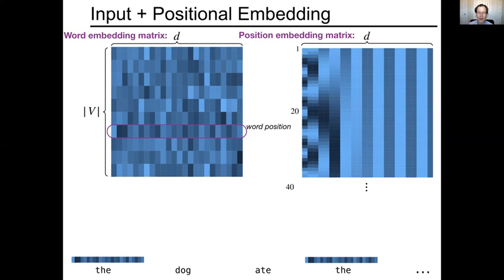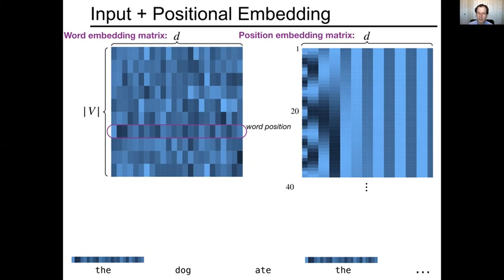You'll notice that each column here now looks periodic. It has periodic behavior. So the position embedding matrix columns, each of them is a periodic function. And so this means that the position embedding representation for each entry in the vector will look similar for different positions at particular offsets, but the offset will be different for each column.